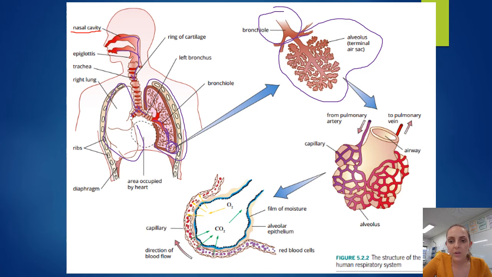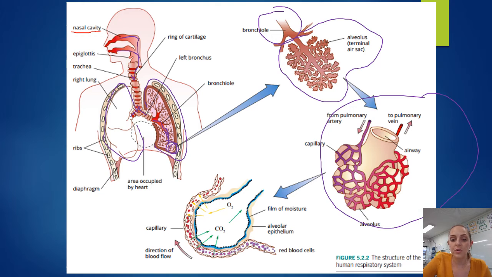Now each one of those tiny little alveoli look like this microscopically. So maximizing surface area, and the important thing is they're really heavily surrounded by those capillaries. The alveoli itself is single-celled. The capillaries are single-celled. So that allows efficient gas exchange.